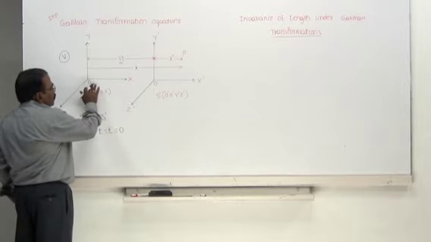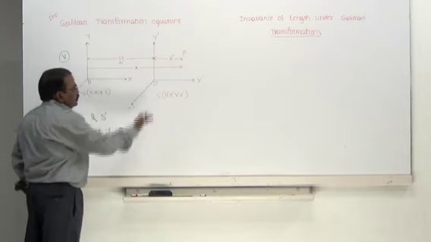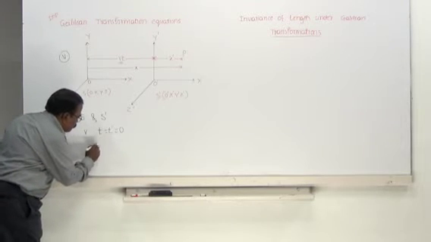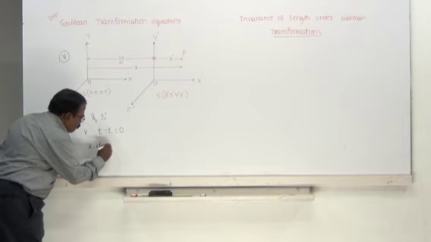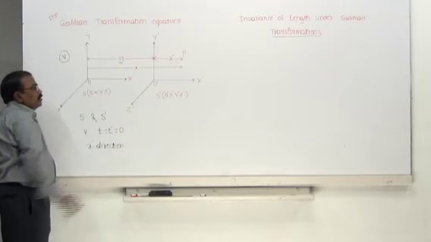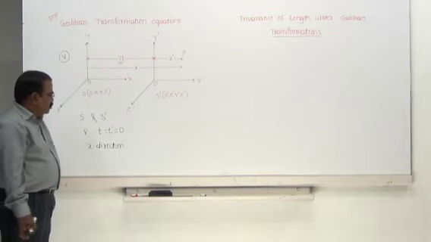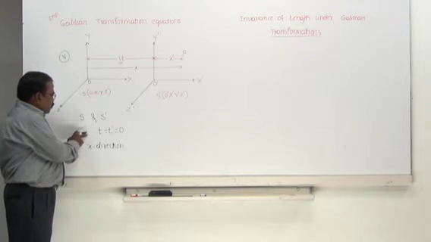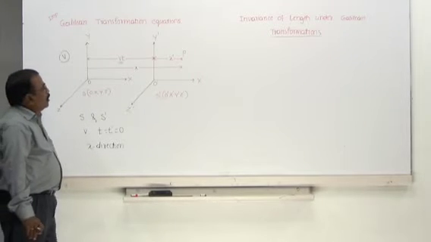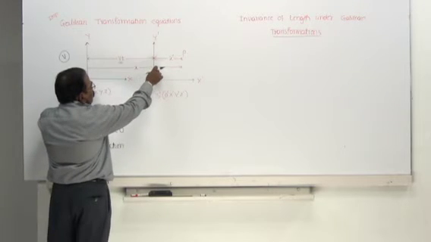Then, after some time, the S dash frame moves with uniform velocity along the X direction. The S dash frame is moving in the X direction with uniform velocity v. After time t seconds it reaches this point.